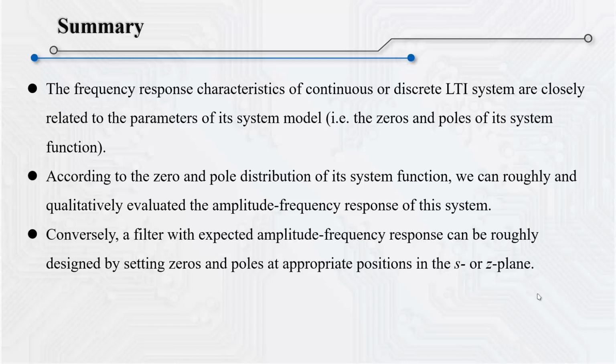Secondly, according to the zero and pole distribution of its system function, we can roughly and qualitatively evaluate the amplitude frequency response of this system. Thirdly, we can also roughly design a filter with certain amplitude frequency response characteristics by setting zeros and poles at appropriate positions in the S or Z plane.